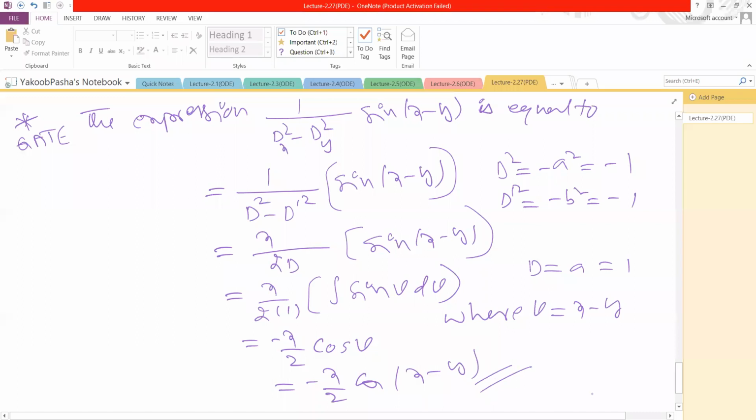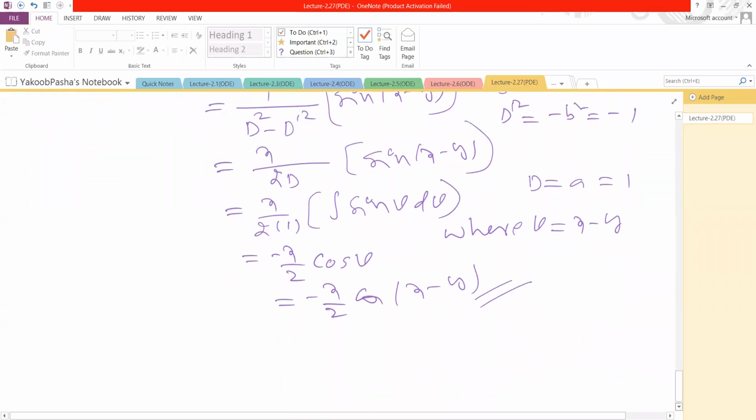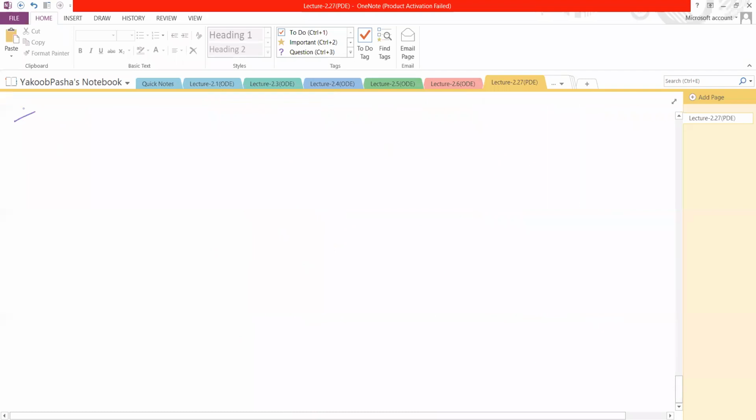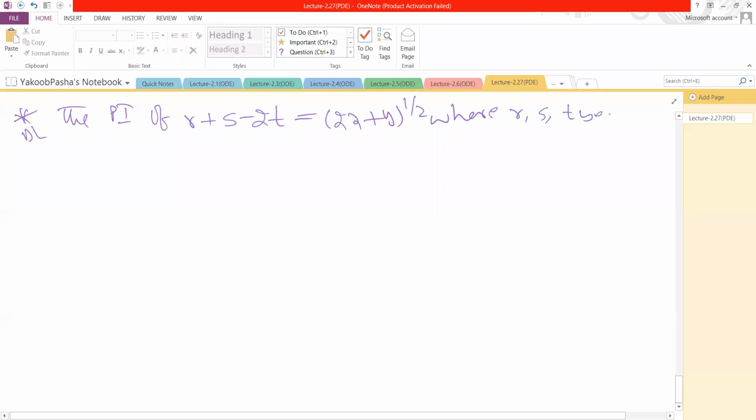Okay. Now I am taking another problem from APDL. The particular integral of r plus s minus 2t is equal to 2x plus y whole to the power of 1 by 2, where r, s, t are standard notations.